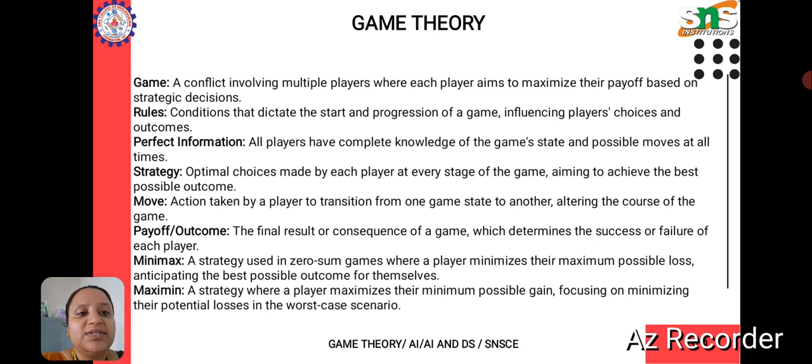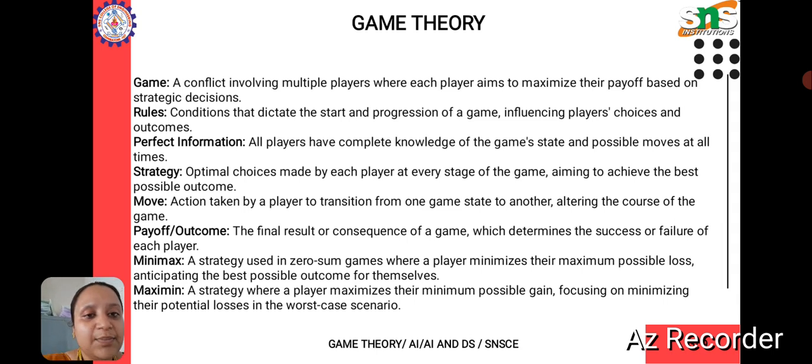Payoff or outcome is the final result or the consequence of a game. It will determine the failure or the success of a person when he or she is playing a game. Minimax is a strategy used in zero-sum games where a player minimizes their maximum possible loss.